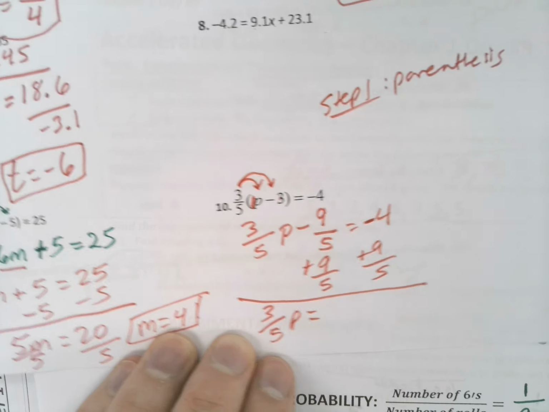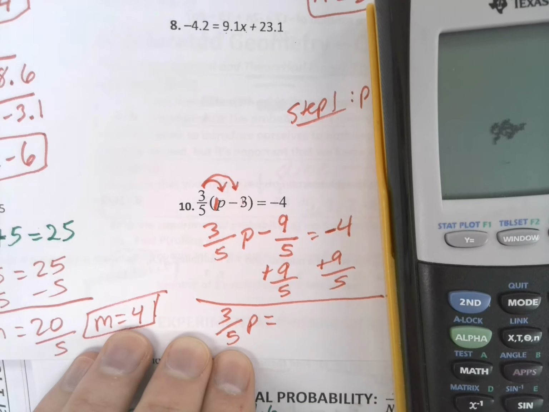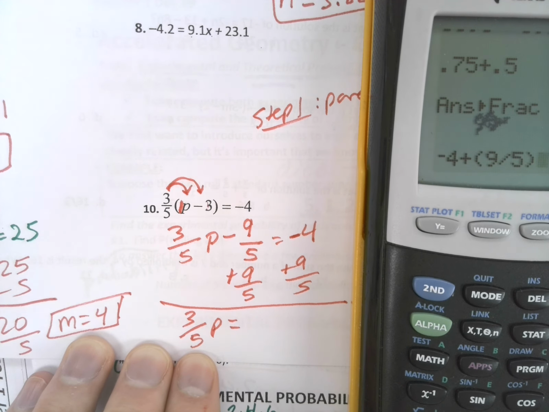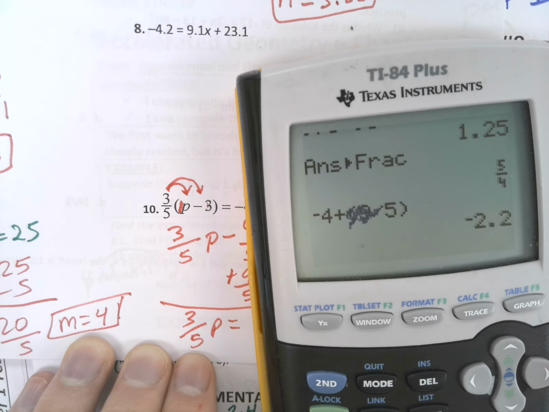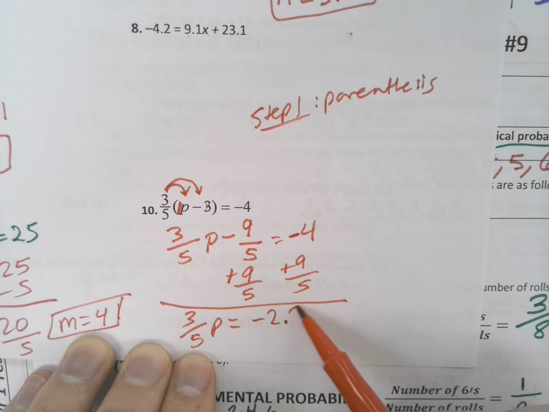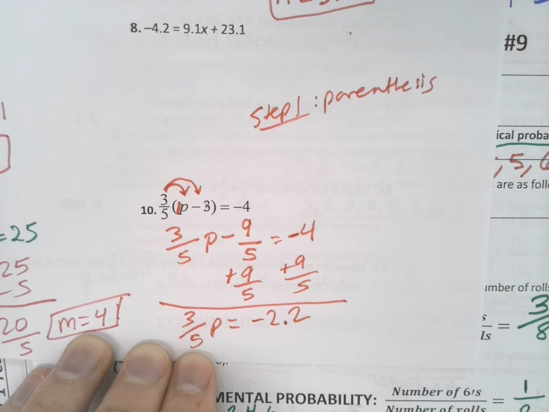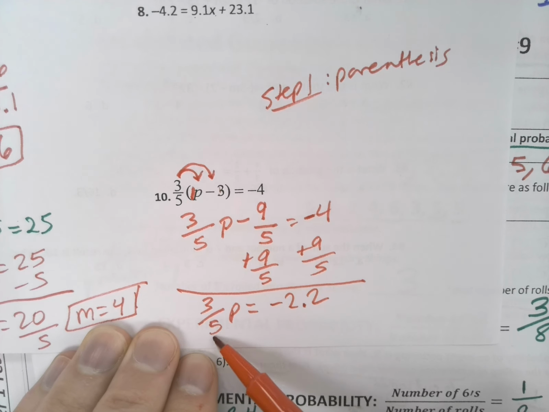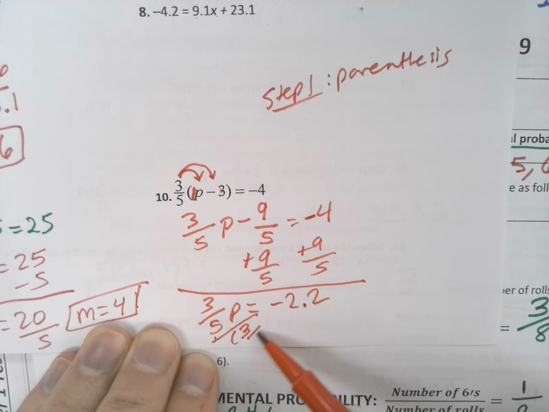And again, this is where a calculator is your friend. Negative 4 plus parentheses 9 over 5. That is negative 2.2, which I think as a fraction is negative 11 over 5. So then we can divide by 3/5.